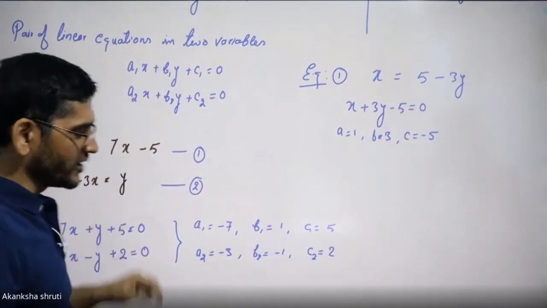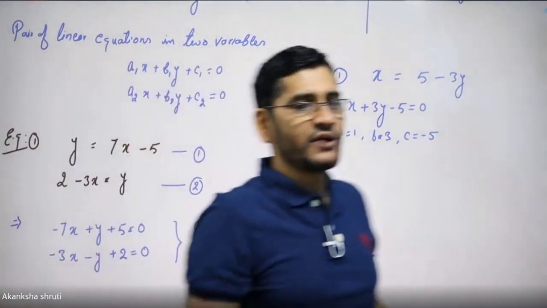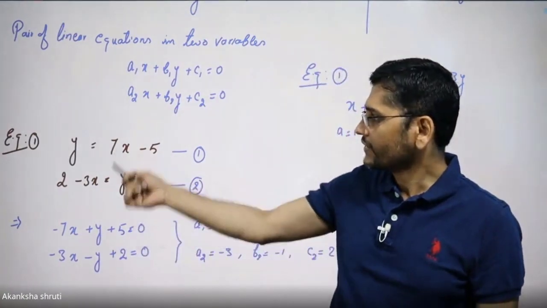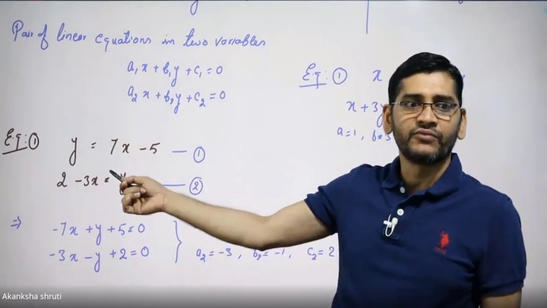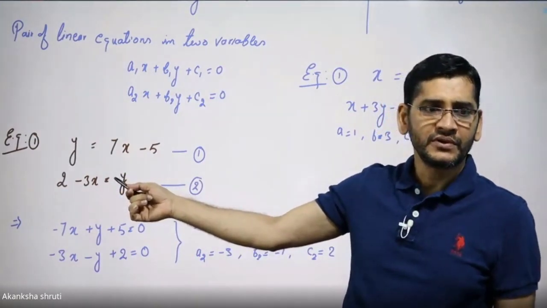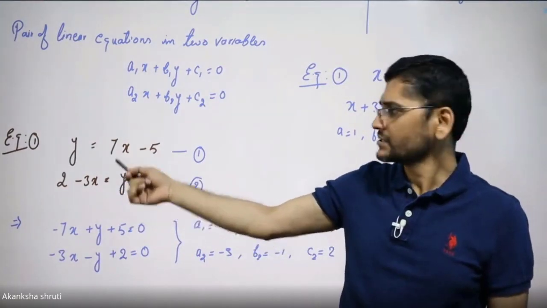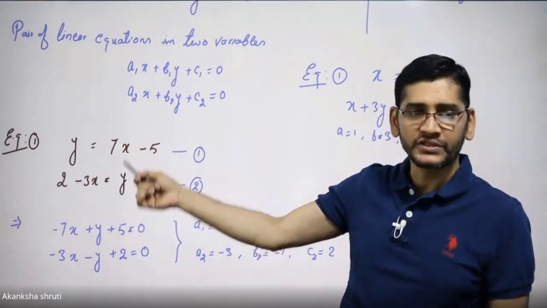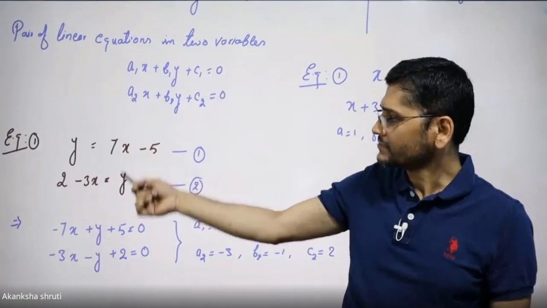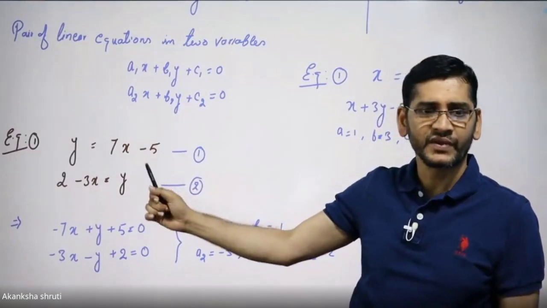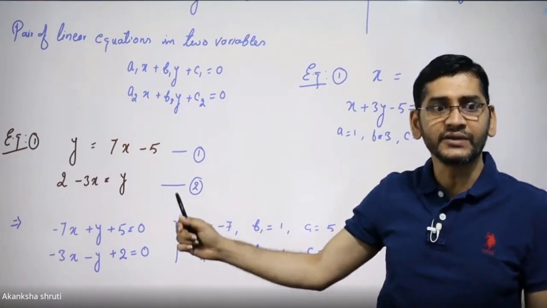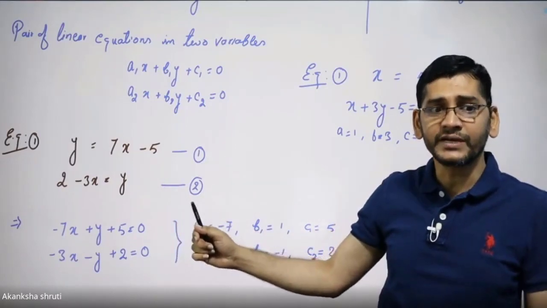Student, we will learn that even without solving these equations, we can predict whether they have only one pair of variables, meaning x and y, which satisfy it, called a unique solution, or more than one pair of x and y which satisfy both such equations, then that is called infinitely many solutions.